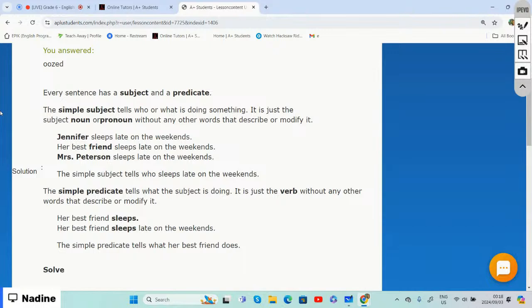So it's not the best friend, it's just friend. Then the last one says Mrs. Peterson sleeps late on the weekends. We need to identify the word.